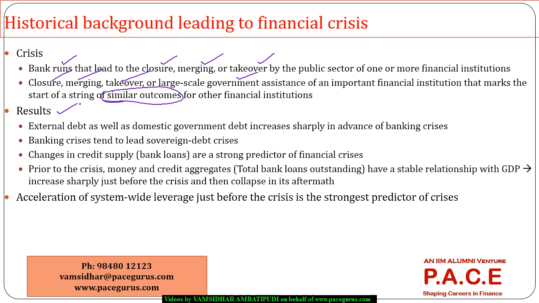And if you look at the results of this particular crisis, the external debt as well as the domestic government debt levels have increased quite sharply. Just before the banking crisis started, you find that the domestic debt levels as well as the international or external debt levels had gone up quite drastically.